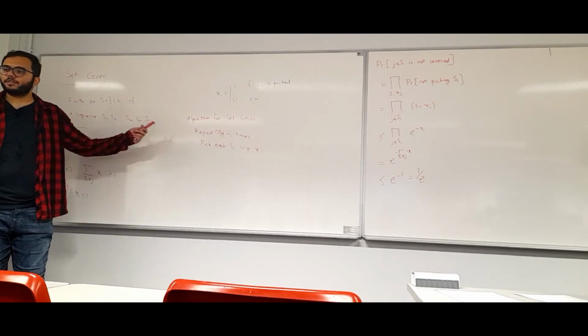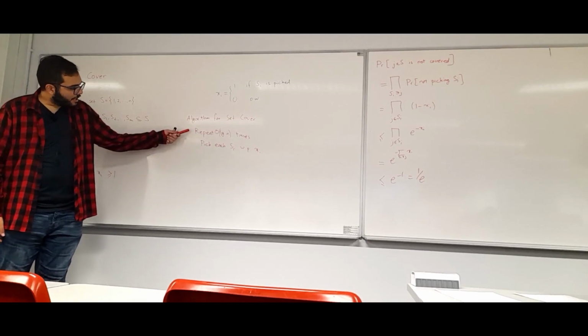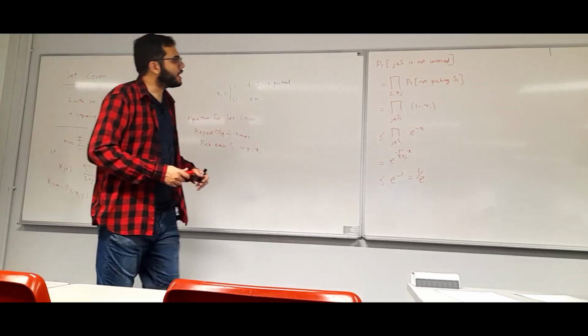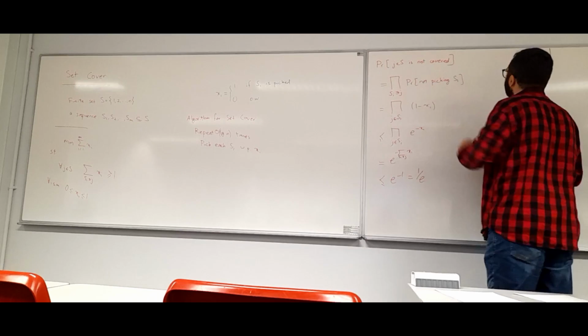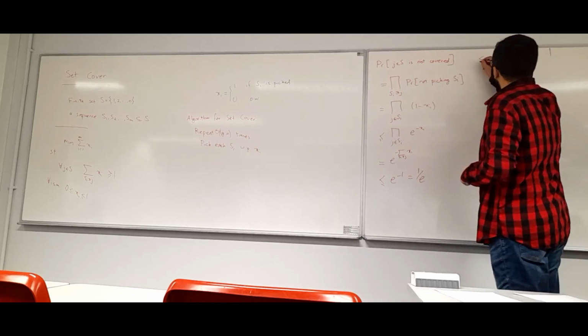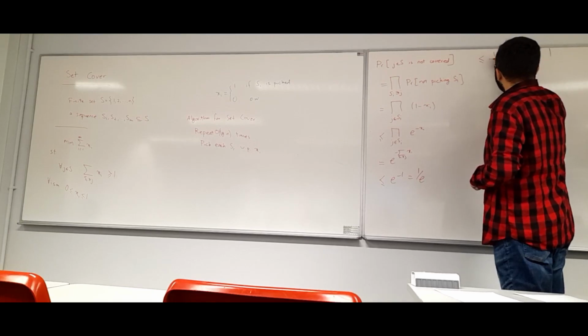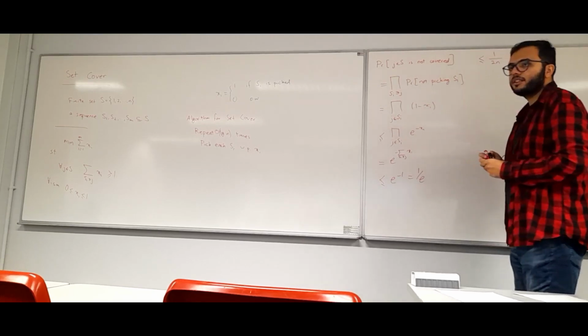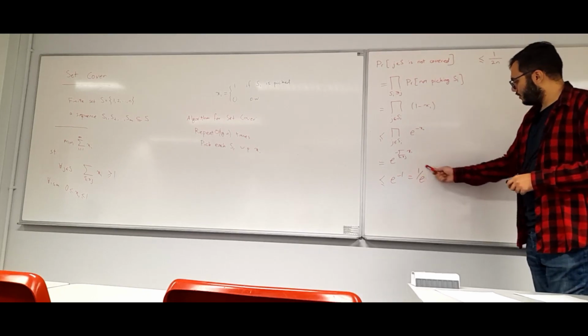So I just repeat this algorithm enough times so that I can say that the probability that each one of my elements, each j, is not covered is going to be less than or equal to, let's say, 1 over 2n. Okay? So I know how to make the probability less than 1 over e.